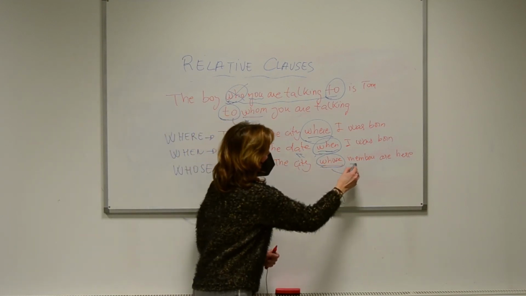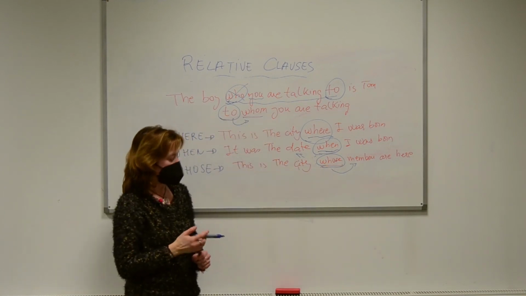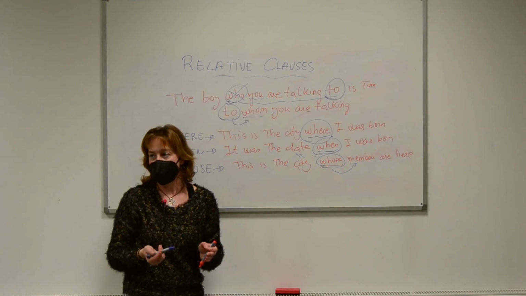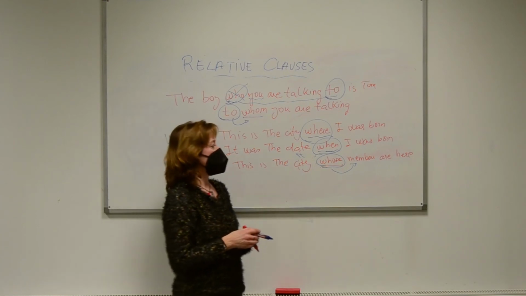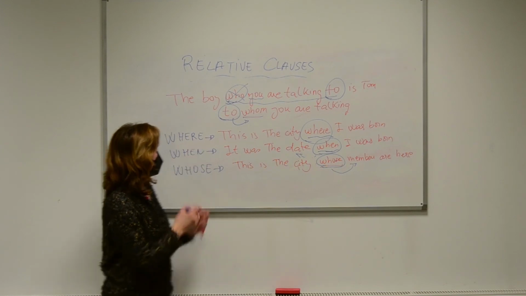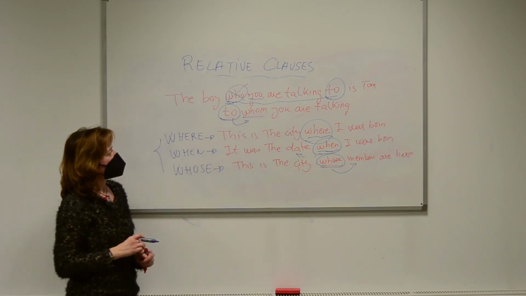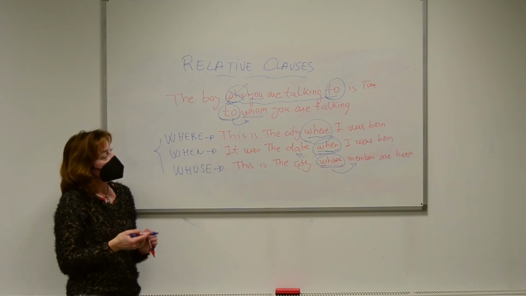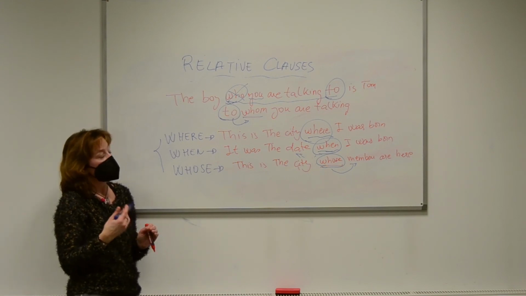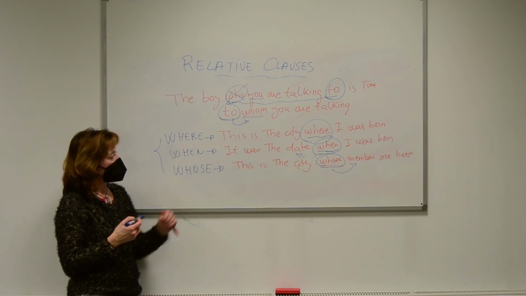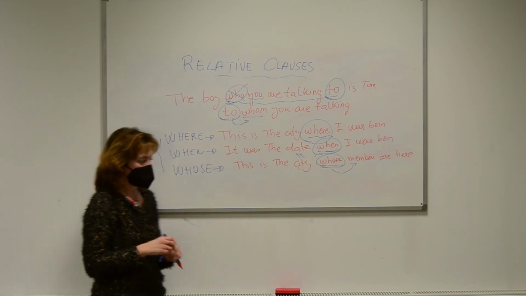It means cuyos miembros. Whose refers to the next word, members. And it means cuyo coche, whose car is here, or whose whatever you want. These are other elements that are used to create relative sentences with different connectors instead of who, which, or what. It's very common to use where, when, or whose. Okay?